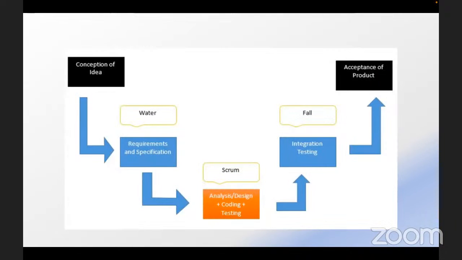With Scrum, that's where we do our analysis, our design, our coding, and our testing. So this method allows us to be a little bit flexible compared to the rigid waterfall system, to tweak our waterfall system using the Scrum method.